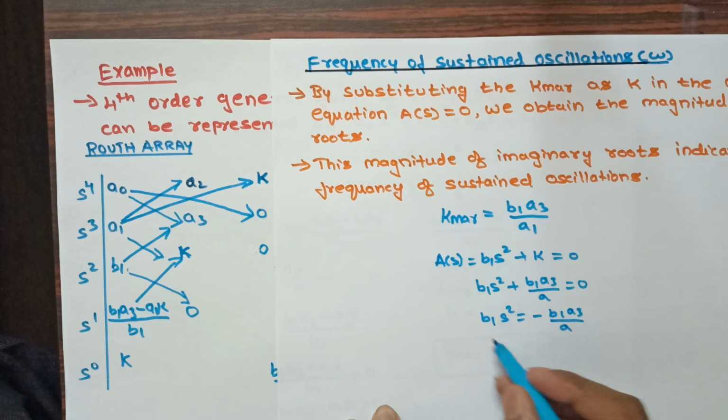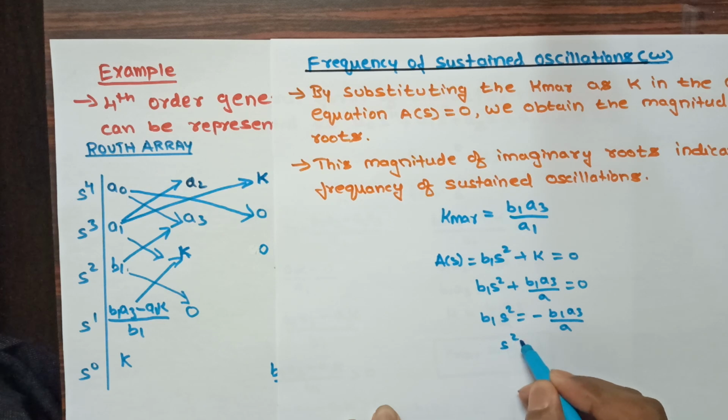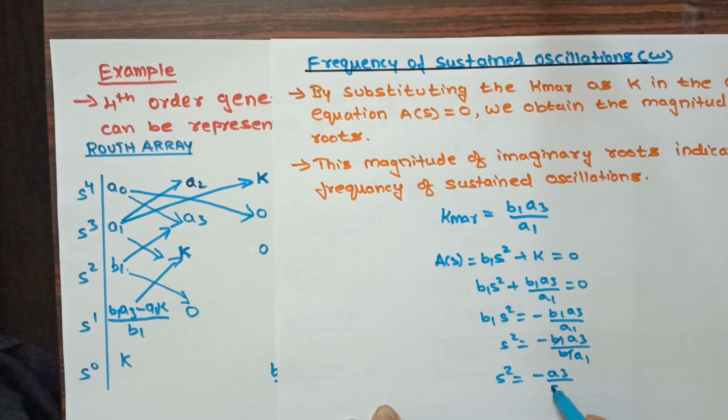Then taking b1 to the right hand side, I get s square is equivalent to minus b1 into a3 divided by b1 into a1. This b1 gets cancelled. I get s square is equivalent to minus a3 divided by a1.